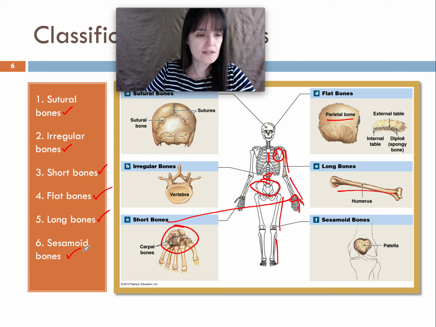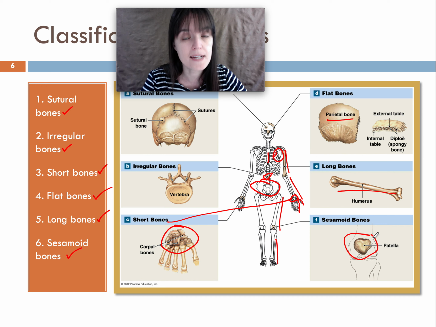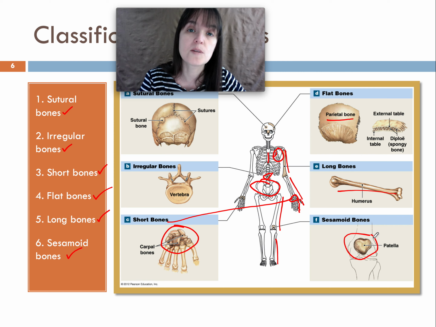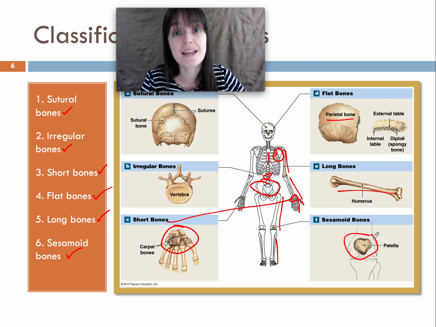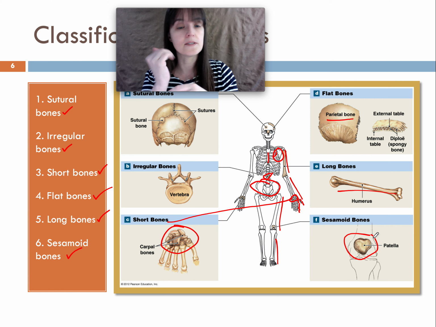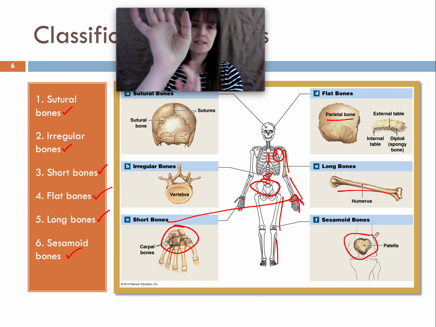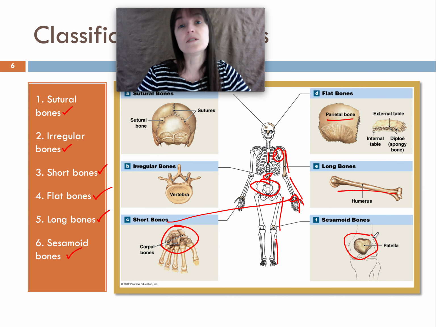That leaves sesamoid bones. Sesamoid bones are different because they grow inside a tendon, and everyone who has legs has 2 sesamoid bones, the patellas, your kneecaps, which grow inside the patellar tendon. Without them, you wouldn't be able to extend the knee to kick, so sesamoid bones are very important. Like the sutural bones, you can also have any number of little extra sesamoid bones in the tendons around the wrists and ankles.